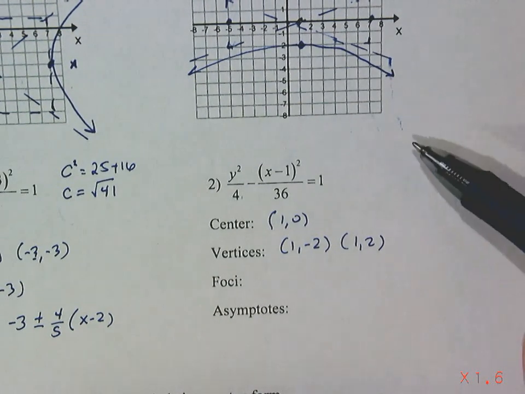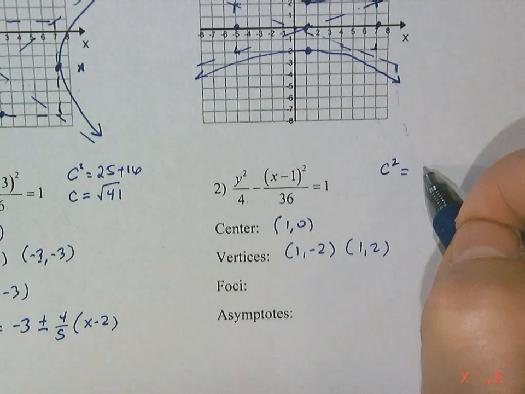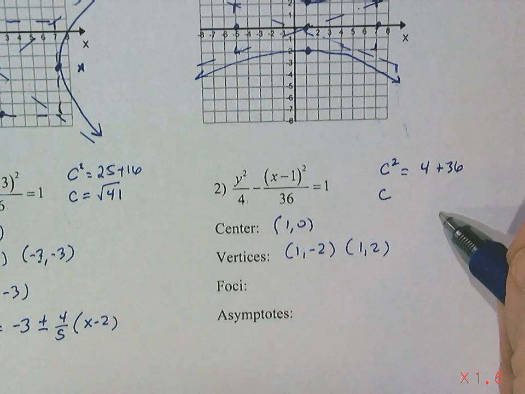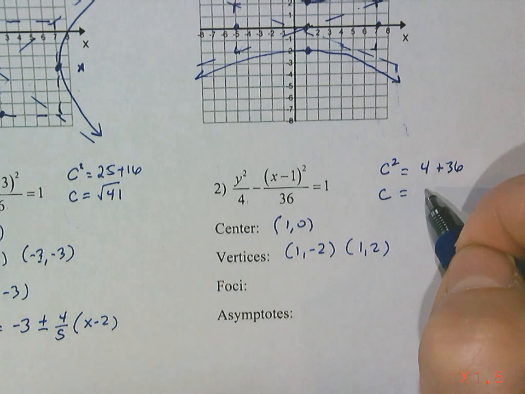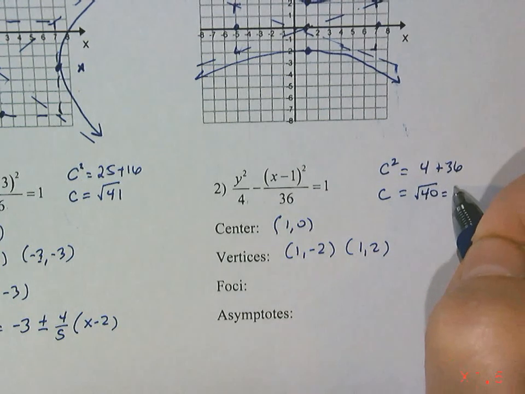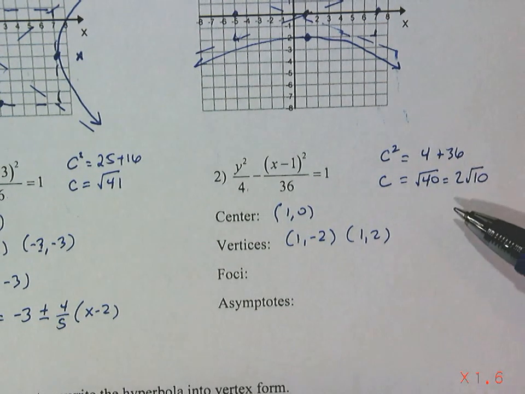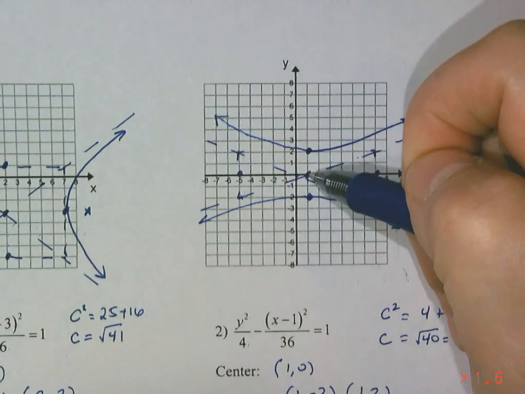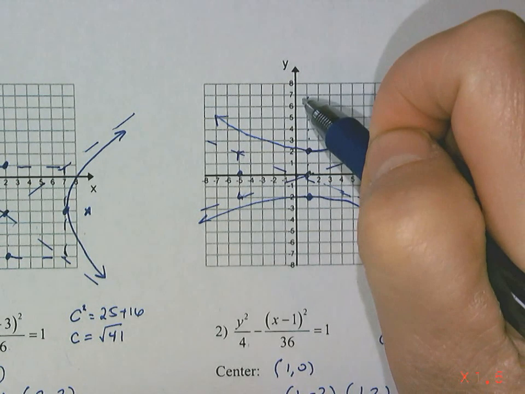The focus points, I have to find the value of c. C squared is going to equal 4 plus 36. 4 plus 36 is 40. The square root of 40 is going to be 2 square roots of 10. And once again, that's between 6 and 7. So if I go from here up, 1, 2, 3, 4, 5, 6, it's between 6 and 7.